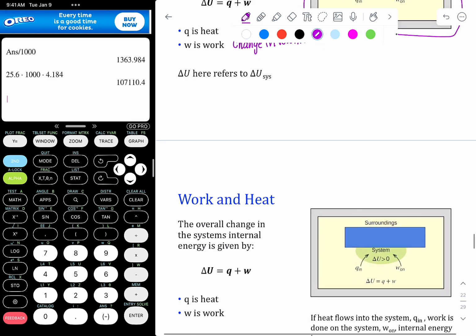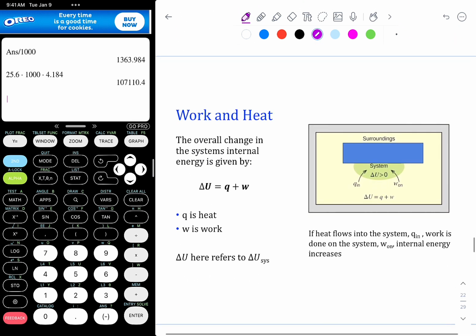So let's first look at when heat flows in and work is being done on the system. If heat flows into the system, so if we're putting heat into the system, that would be an endothermic reaction. Okay, work is done on the system and the internal energy would increase.